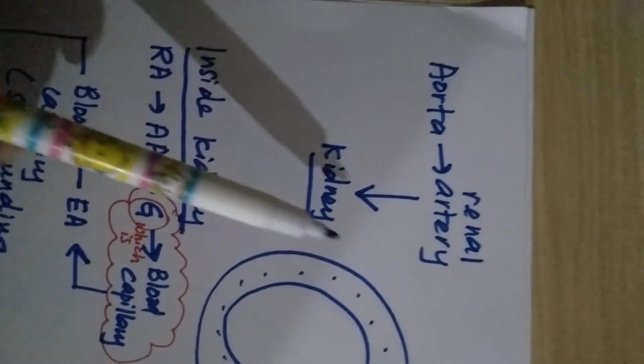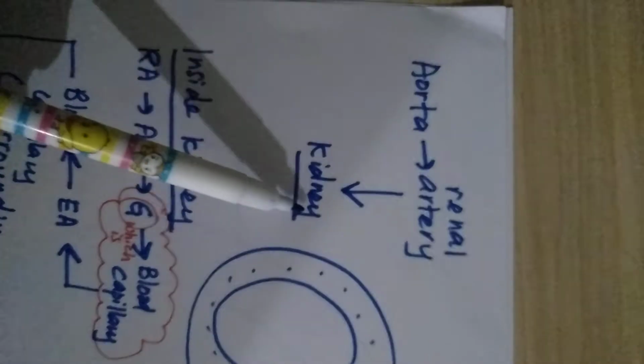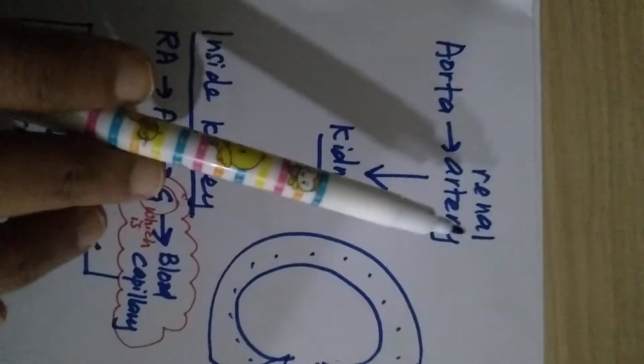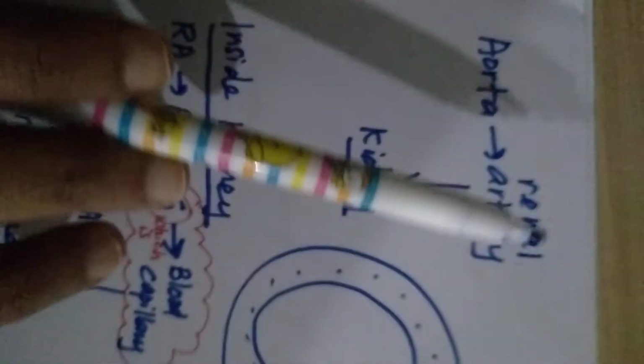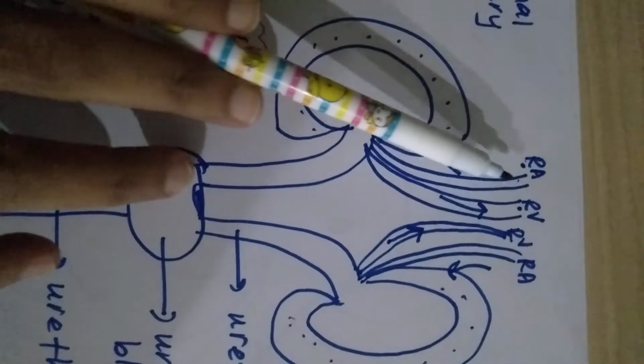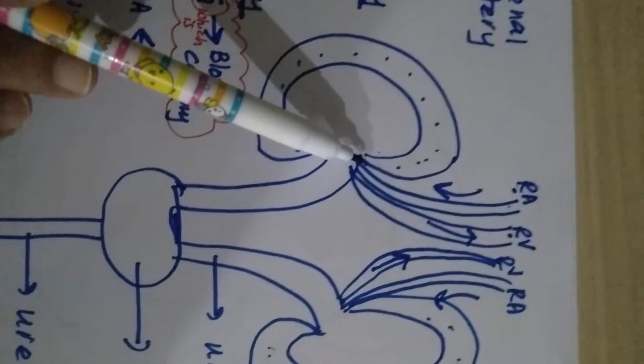Alright, so now when the renal artery is going to the kidney, it brings blood which is rich in waste products, alright, and other products like glucose and amino acids. So now the blood is unfiltered, lot of waste products, and there's also glucose and amino acids for the kidneys to use.